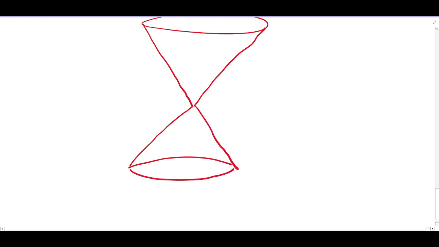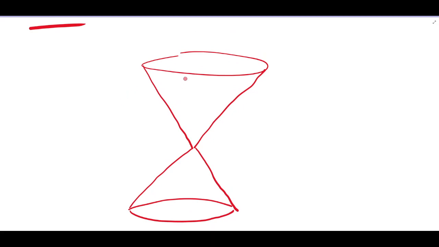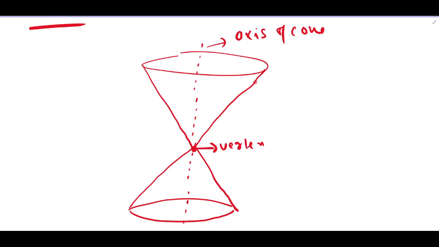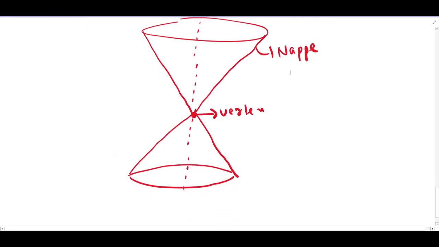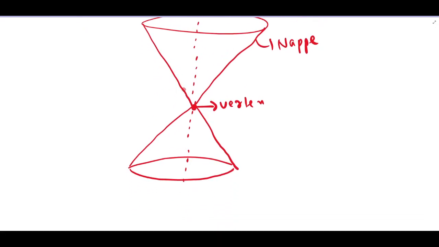So this is a double napped cone, where this line is the axis of the cone, and this is the vertex, and this is the nappe. So this is an angle of the cone. Alpha is equal to the semi cone angle.